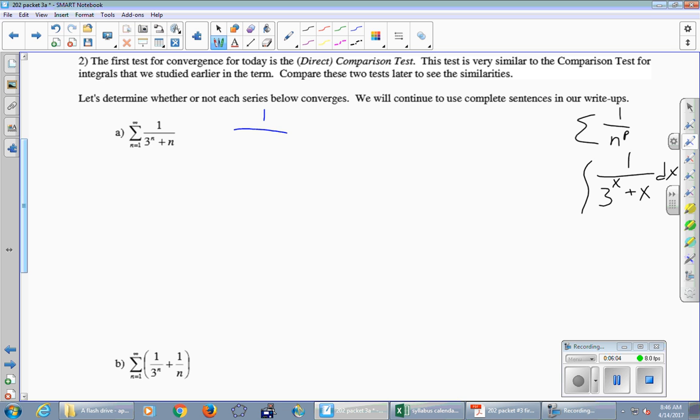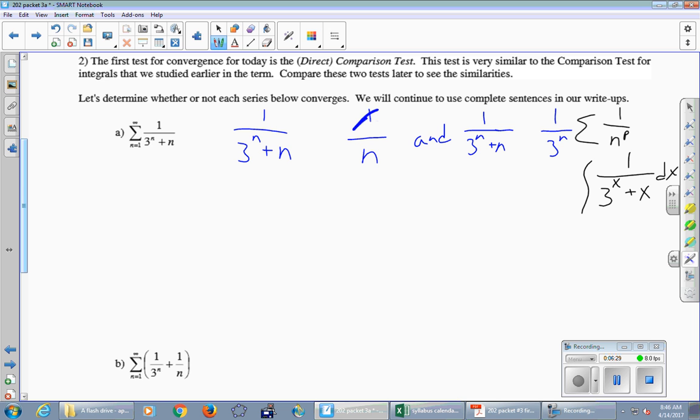1 over 3 to the n plus n has 2 pieces in the bottom, the 3 to the n and the n. So I'm going to compare that fraction to one of the pieces. And I'm also going to compare the original fraction to the other piece. So we're going to put an inequality inside, either a greater than or a less than.